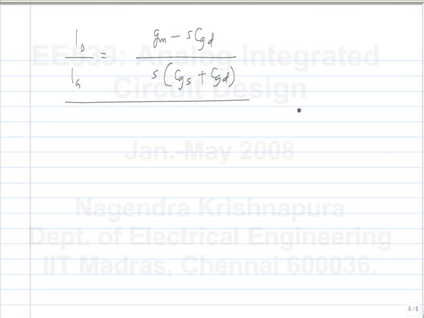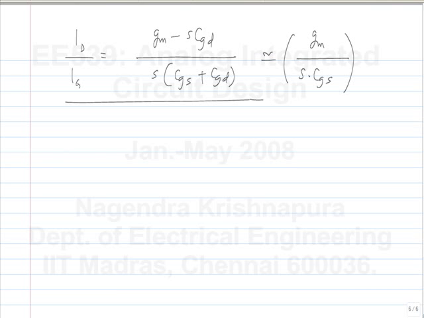Now normally what is done is, because CGD is rather small in the saturation region, we completely neglect it and approximate this by GM by S times CGS. Okay. So you neglect CGD compared to CGS, and you approximate it by this quantity. Okay. So we will use the approximate quantity to figure out what happens as you change the bias and as you change the aspect ratio.